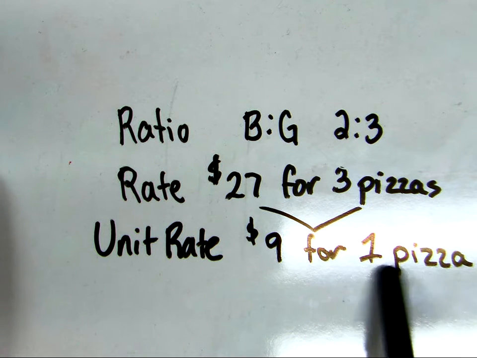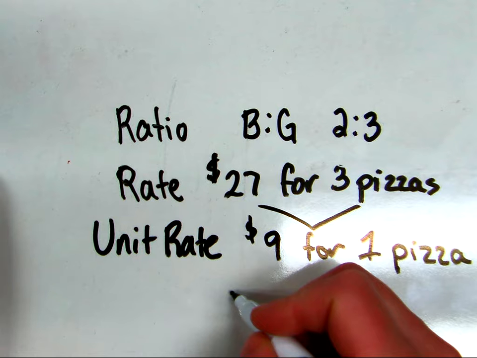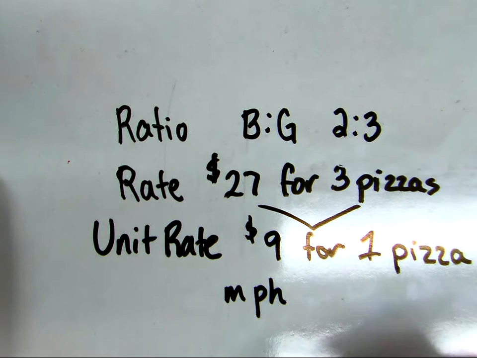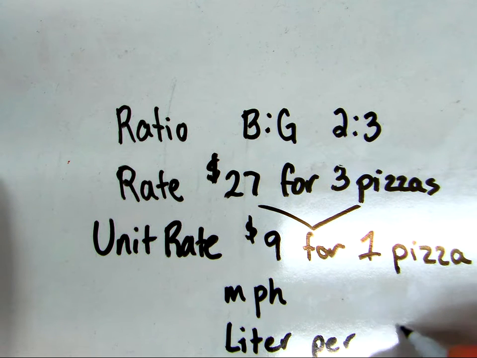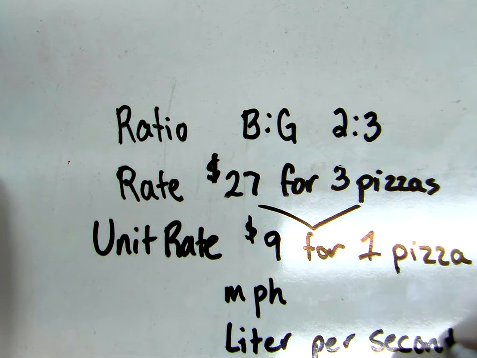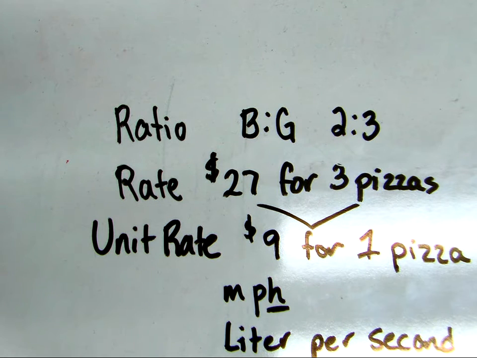So see how we have 1 pizza, whereas before we had 3 pizzas. Other common unit rates are, as I said before, miles per hour, liters per second, anything where it's just that 1 unit: 1 hour, 1 second, 1 minute. So that's just the start, our definition of unit rate.